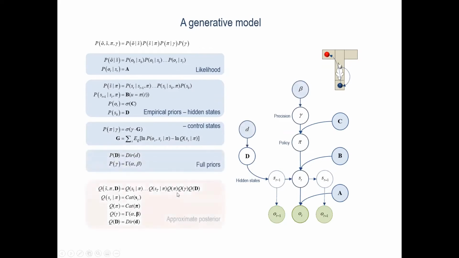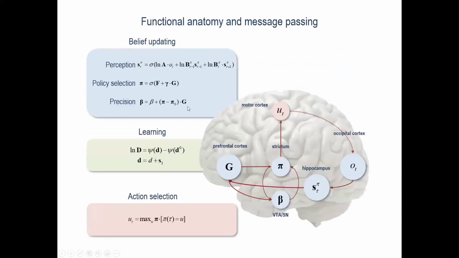And then given a functional form for the approximate posterior, we can then use conventional variational message passing or belief update equations to write down a simple belief updating scheme that not only covers unknowns such as expected states of the world, but also the plans or the policies that we are pursuing and the confidence or the precision we place in those plans or policies, learning about the unknown parameters.